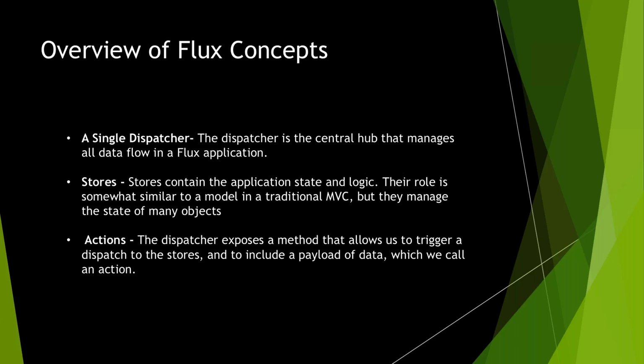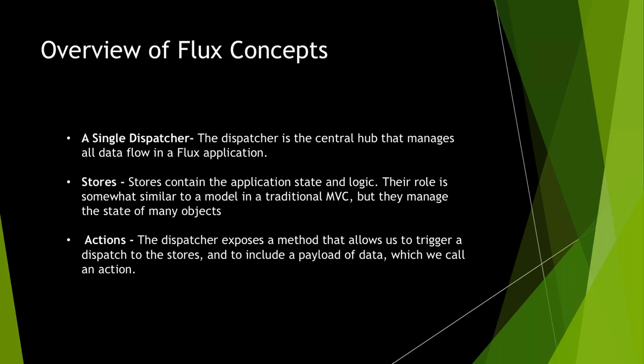Then there are actions. The dispatcher exposes a method that allows you to trigger a dispatch to the store and include a payload of data, which you call an action. So an action is whenever you want to emit something you have done, you send this information along with some data to the dispatcher, such as that I have successfully logged in, or I have made a change on the home screen, or I have clicked a button.